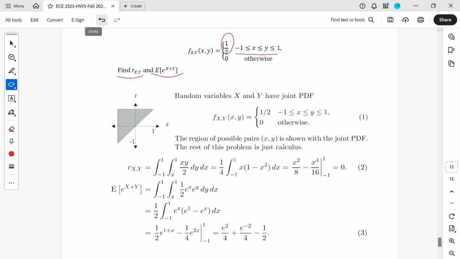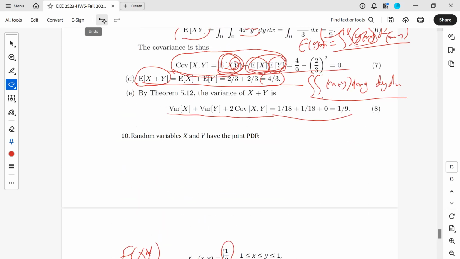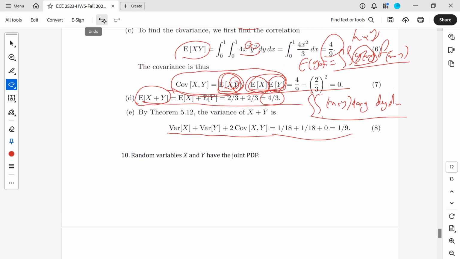Now, R of x and y is the same as E of xy. This is in the covariance formula, when we had the covariance of x and y is equal to E of xy minus E of x, E of y.